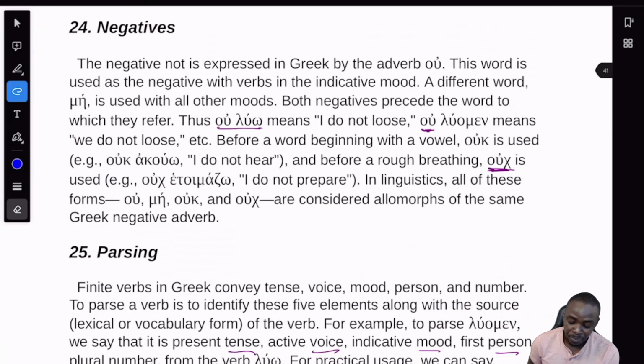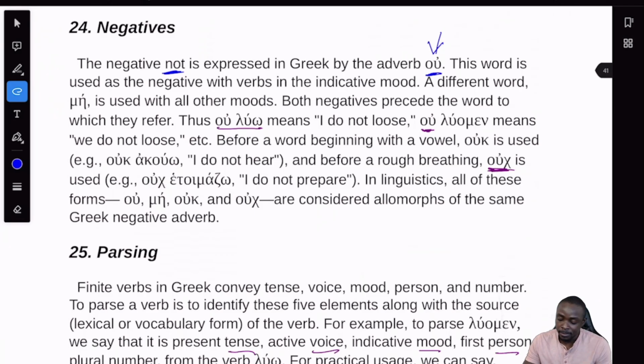But anyhow, the negative not is expressed in Greek by the word ou. So this is how you say not. Ou.